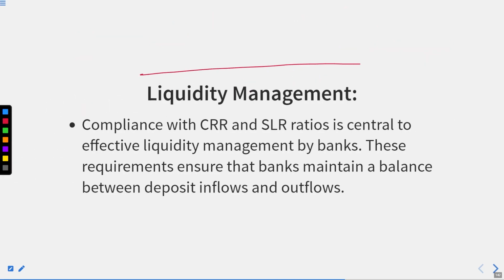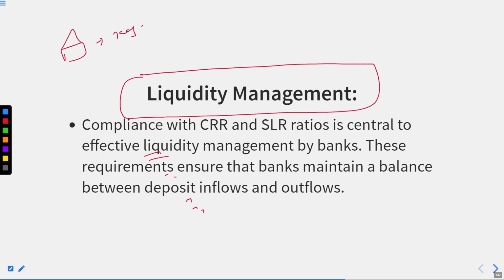All right. Thereafter, liquidity management. Compliance with the CRR and SLR ratios is central to effective liquidity management by the banks. These requirements ensure that the banks maintain a balance between deposit inflows and outflows. Like I had told you, if the bank is XYZ and during the months of January to March they had lent out their entire deposited amount as loans, they won't be able to address the withdrawal requirements of their depositors because they didn't get the amount back so far.